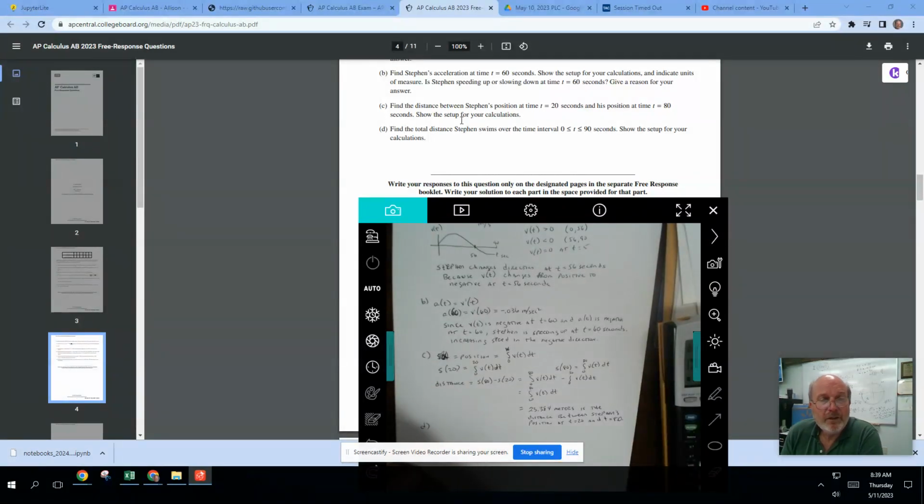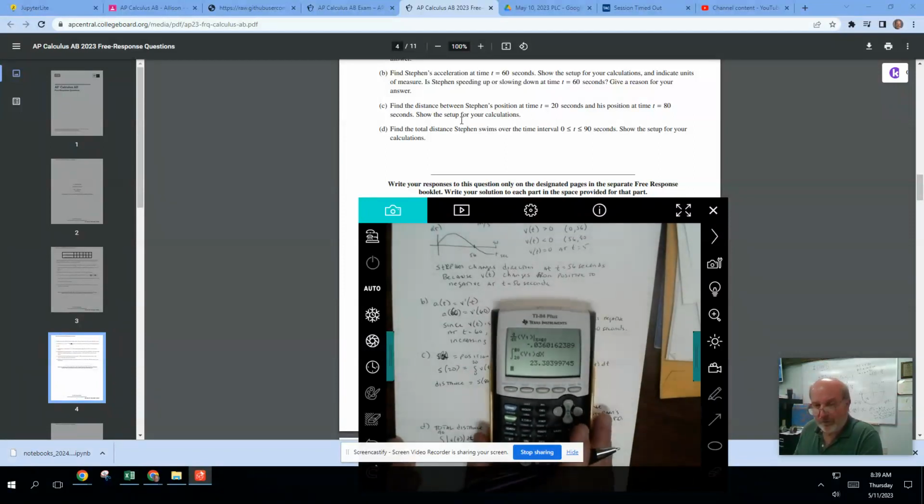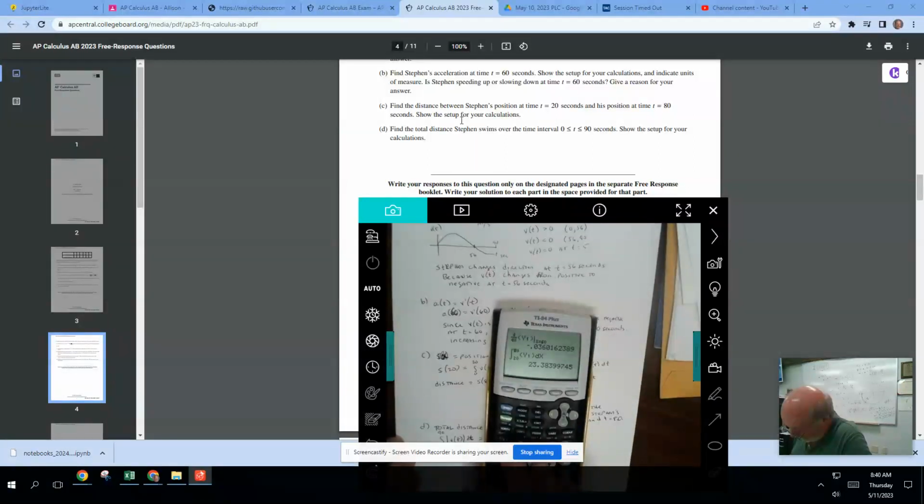And let's do part D. Find the total distance Stephen swims over the time interval from 0 to 90. So total distance is going to equal the integral from 0 to 90 of the absolute value of v of t dt. So here we go to the calculator again. This time we're going to go back to the integral. We're going to go from 0 to 90.